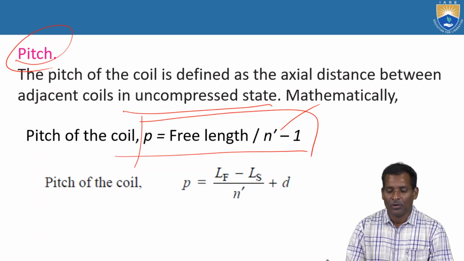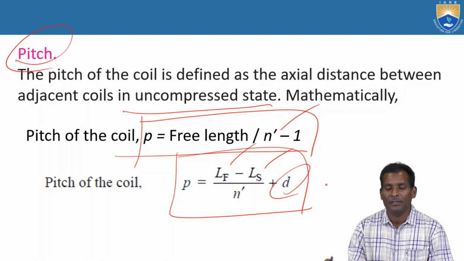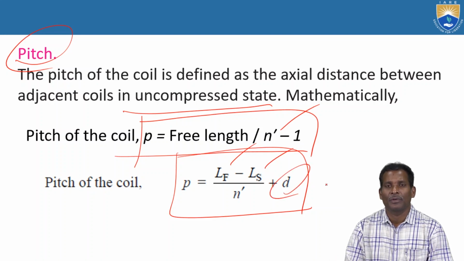Then you can also write the pitch of the coil as free length minus solid length upon N dash, plus d, the wire diameter. So we will get the pitch of the coil.